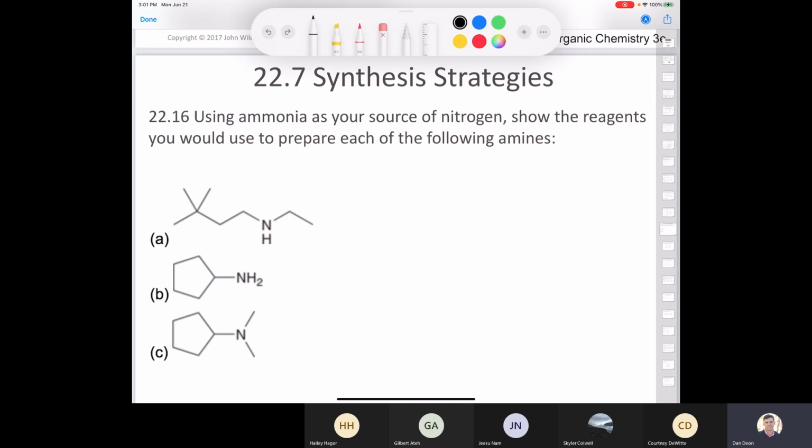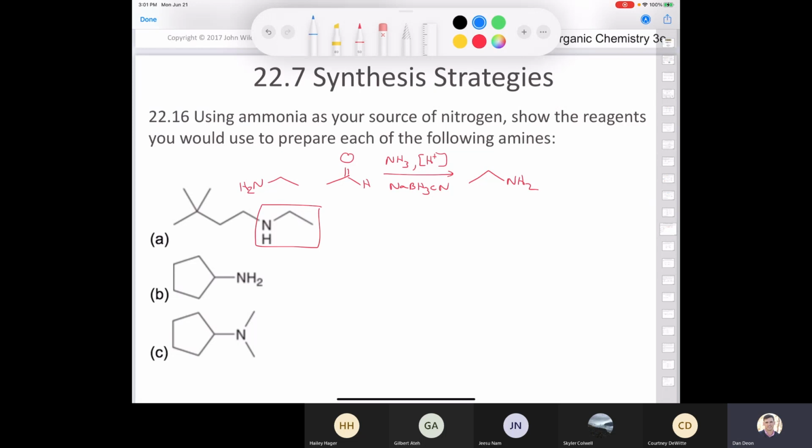I chose to make this part of the molecule first, ethylamine. So I would start with acetaldehyde, treat it with ammonia, a catalytic amount of acid, and sodium cyanoborohydride, NaBH3CN, and that would give me the desired amine.